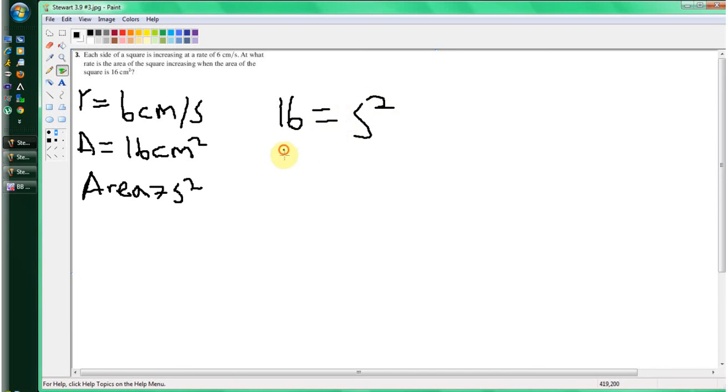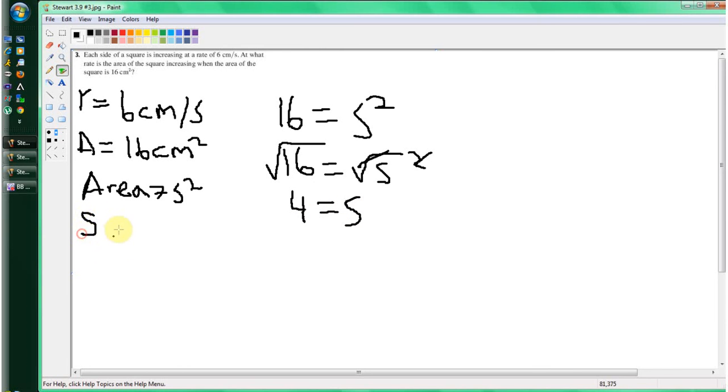So that would be 16 equals s squared, and the square root and the 2 cancel, and we take the square root of both sides. So the square root of 16 is 4, and that would equal one side. So now we found another constant, which is side equals 4.